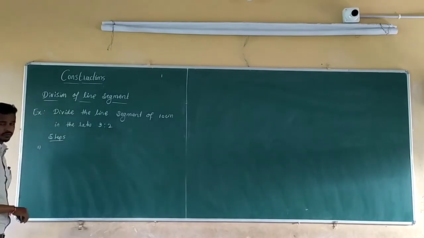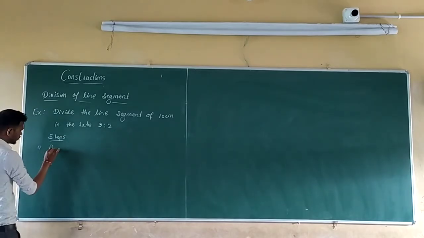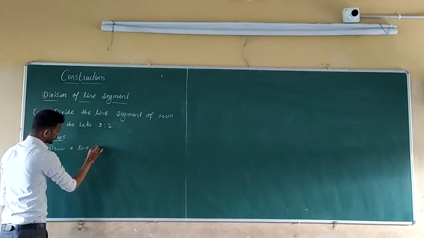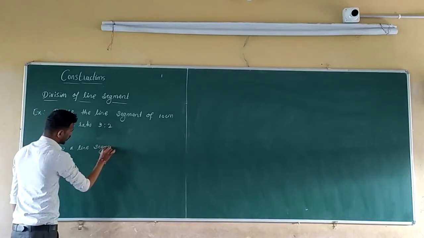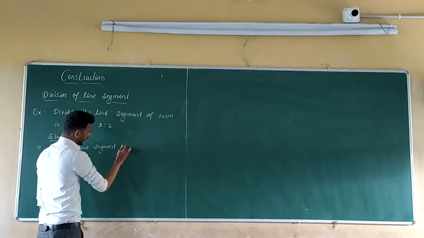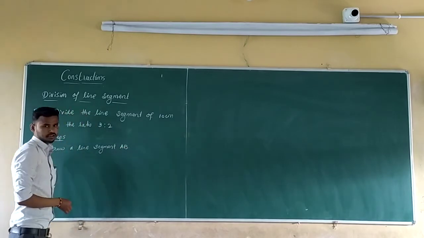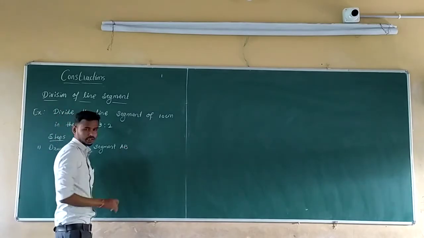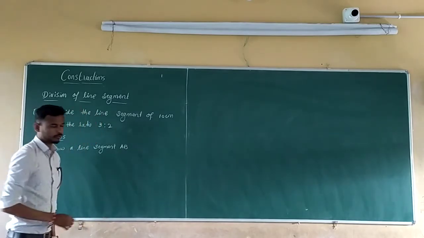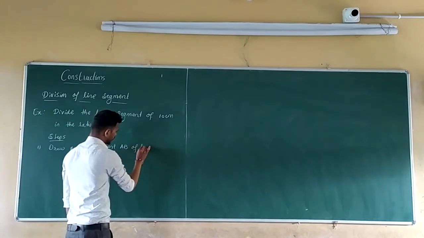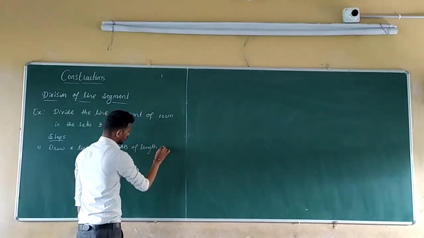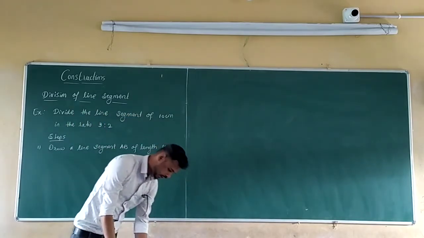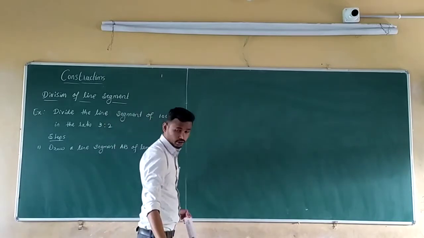So first one is, first draw a line segment AB, or you can just represent it. You can take PQ or S, whatever you want. So it's just a representation. So draw a line segment AB of length 10 centimeter.